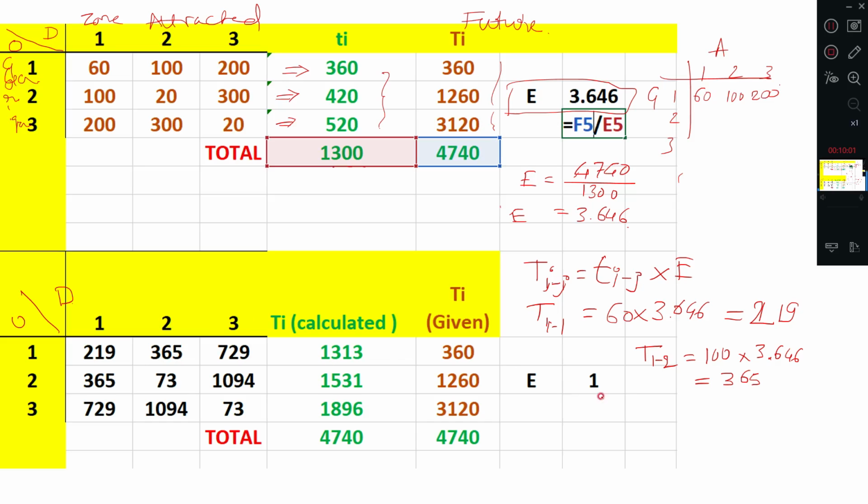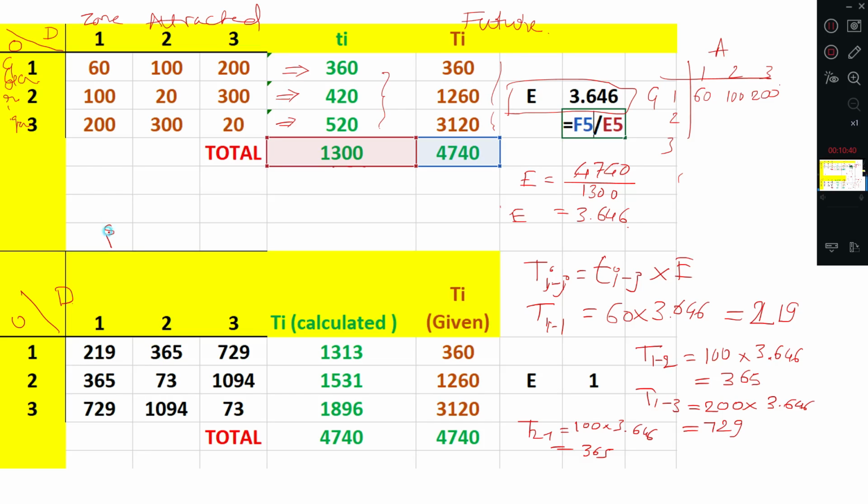Here we have written 365. Similarly, T13 is 200, and 200 into 3.646 gives 729. Like this, we calculate T21, which is 100 into 3.646, about 360. Like this, we need to calculate the second matrix.